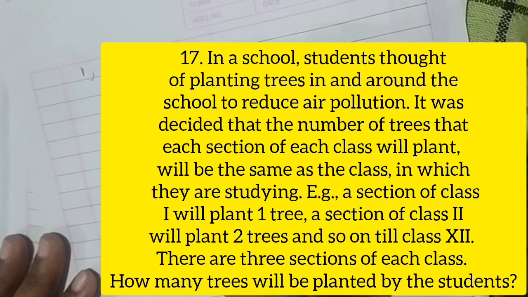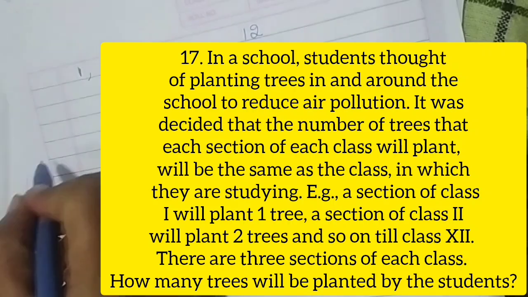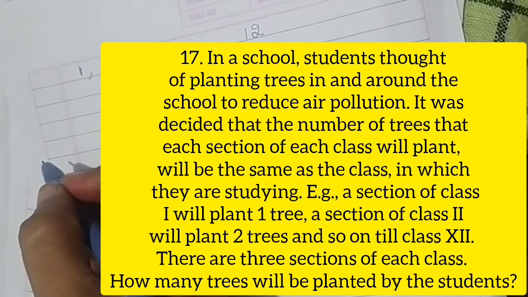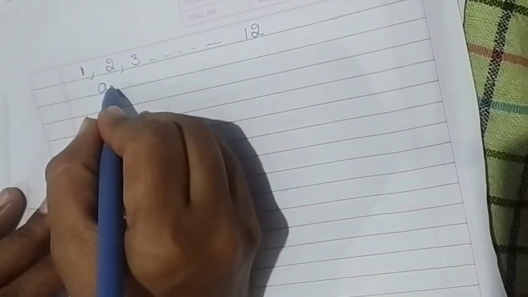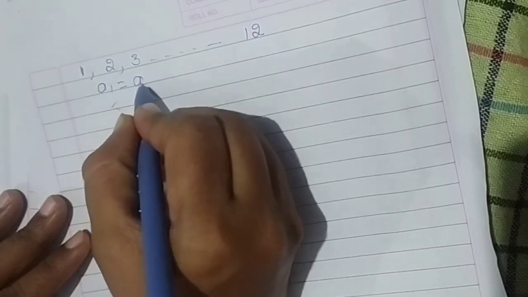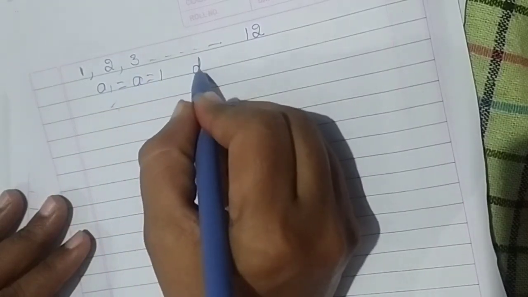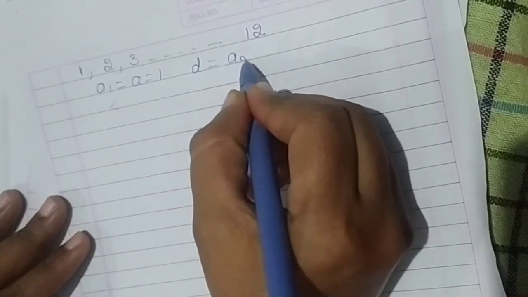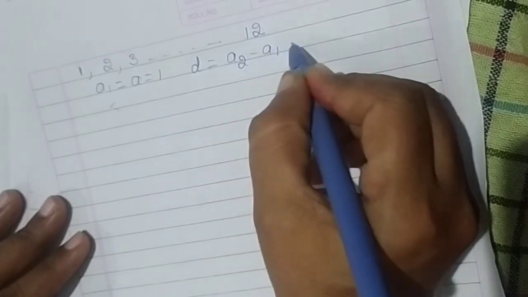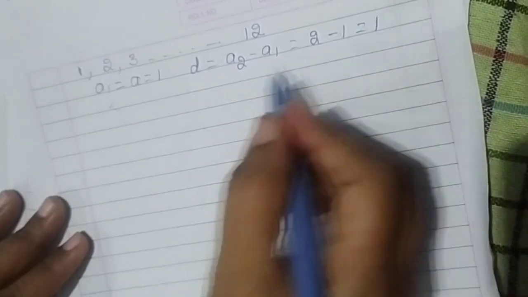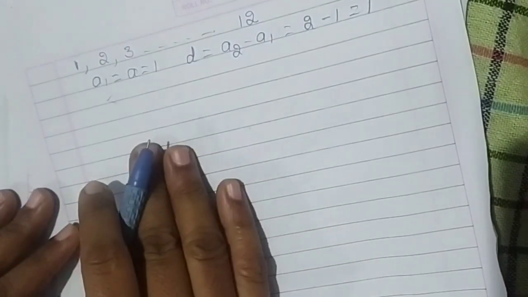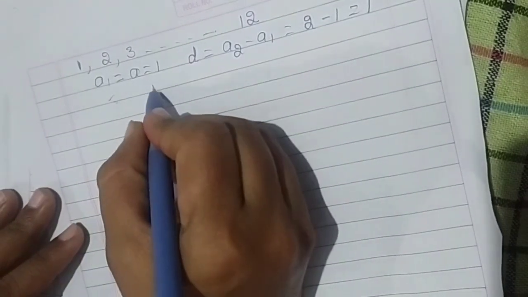So till 12th standard they are going to plant trees. Now here the first term a is 1, d is a2 minus a1, a2 is 2 minus 1, which is 1. So now here n is what? 12.